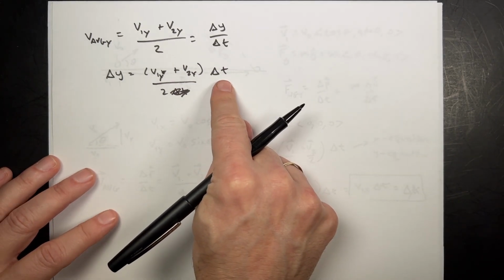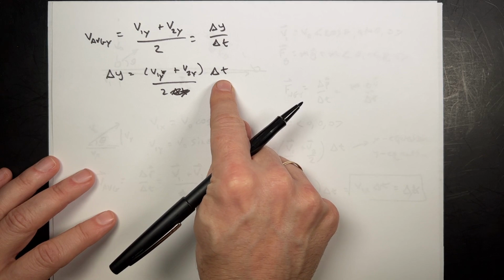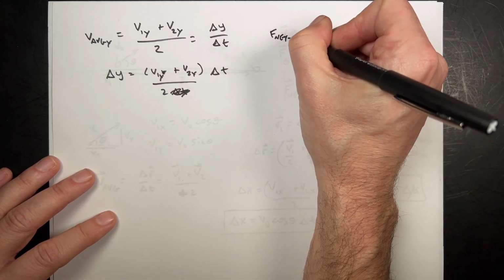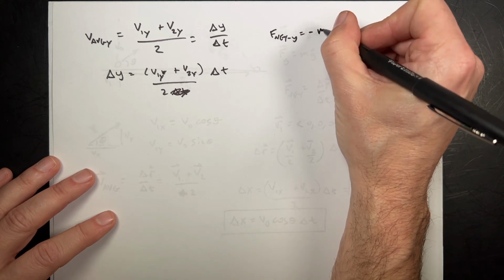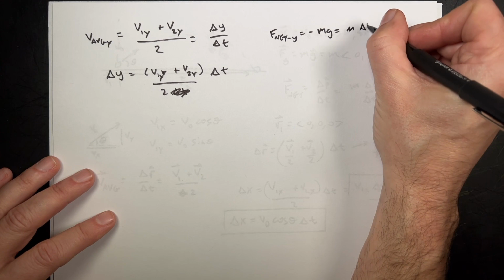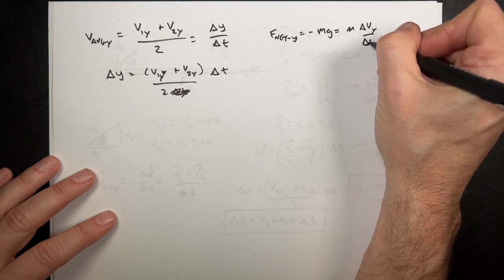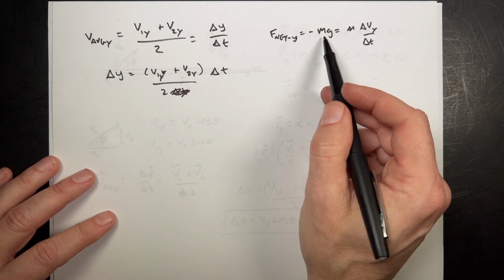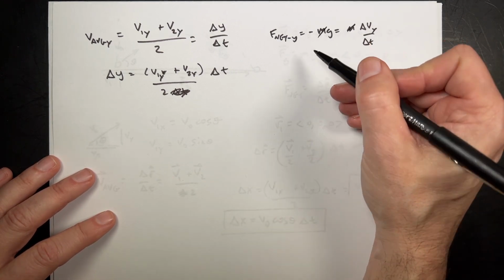Okay, now we can use the momentum principle. The momentum principle in the y direction said F net y is negative mg, and that's going to be equal to m delta vy over delta t. I know this, right? That's from the force in the y direction. The mass cancels, so that's good.